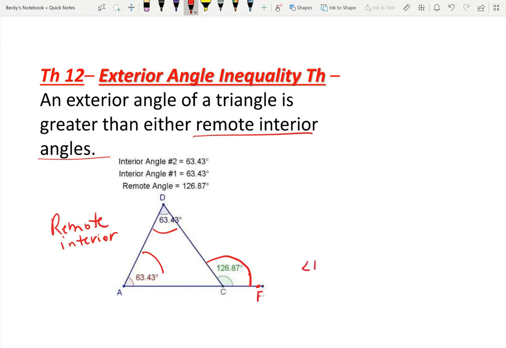So angle DCF is greater than angle D. Up here, there's no confusion if I just call this angle D. And angle DCF is greater than angle A. Which you're going to say, yeah, of course it is, right? And it is. And again, why do we have these theorems? So we can reference them when we do problems and proofs. So that's the situation.